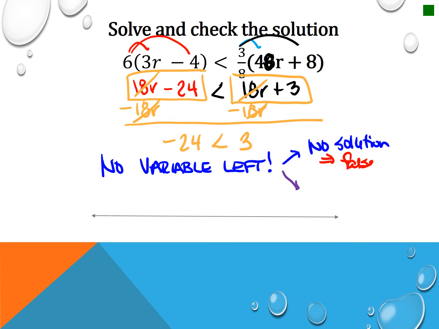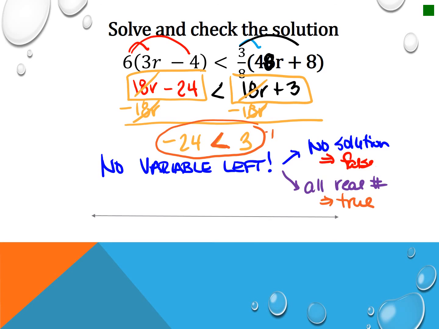Or my answer is going to be all real numbers, and that's going to be true if what I have is true. So my question to you here is, negative 24, this is my less than sign, is negative 24 less than 3? Is negative 24 smaller than 3? The answer is yes.